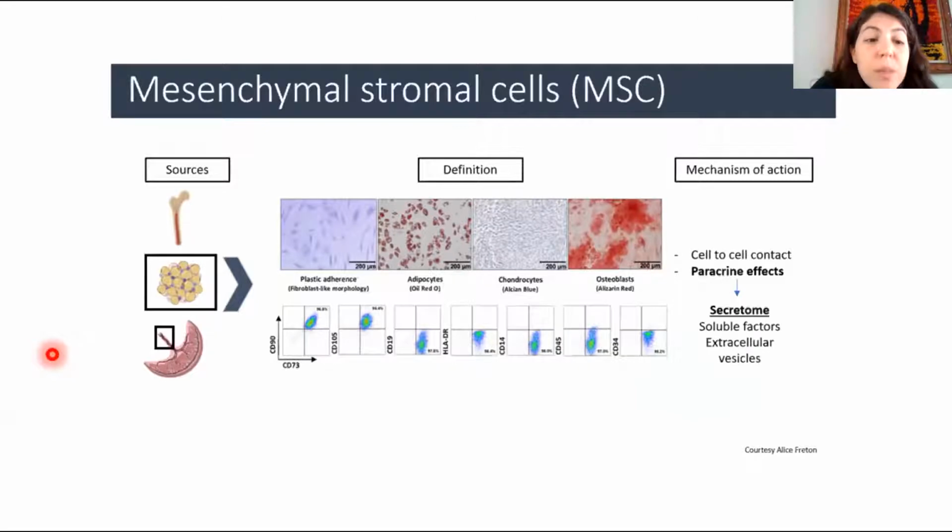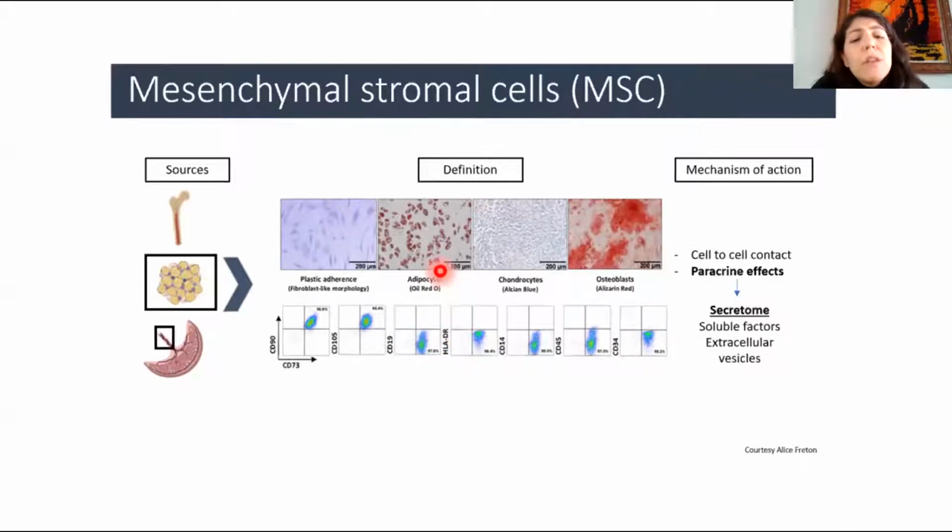So mesenchymal stromal cells were initially characterized from the bone marrow. Now we know that they can be obtained from different tissues like adipose tissue, umbilical cord, and these are defined by the International Society of Cellular Therapy as plastic adherent cells with fibroblast shape that are positive for CD90, CD73, CD105, and negative for hematopoietic progenitors and negative for HLA-DR.